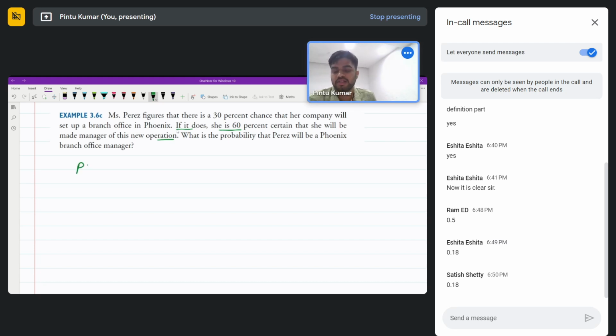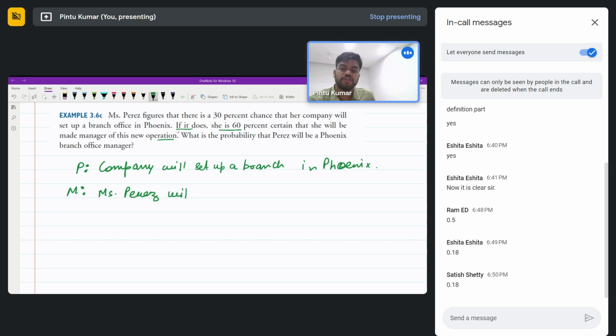First, let's call it P, that the company will set up a branch in Phoenix. And the second event is that Miss Perez will be made office manager, will be made a manager.